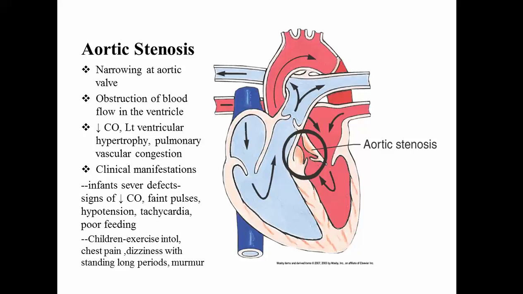So you're having decreased cardiac output, right? You have left ventricular hypertrophy because your left ventricle is working harder, and you have pulmonary congestion because blood is backing up into your lungs.